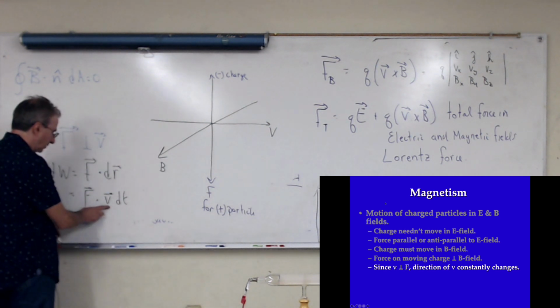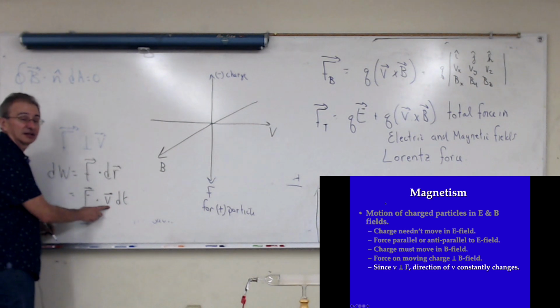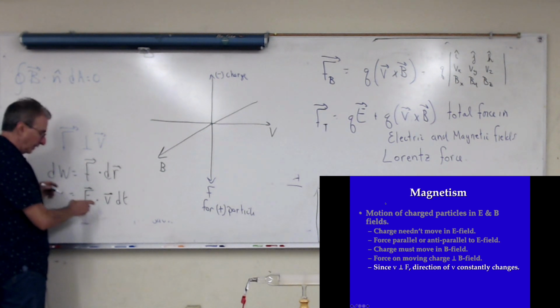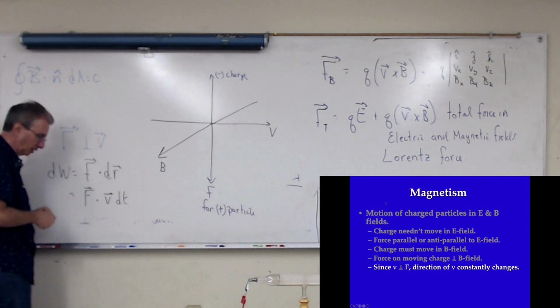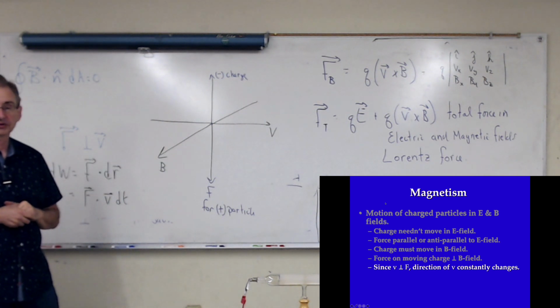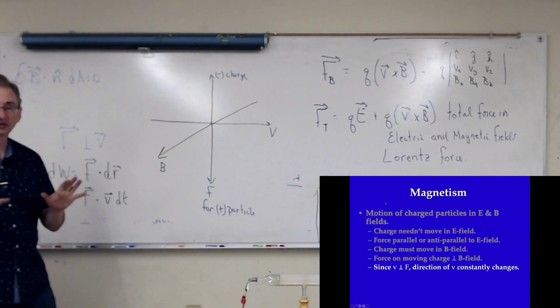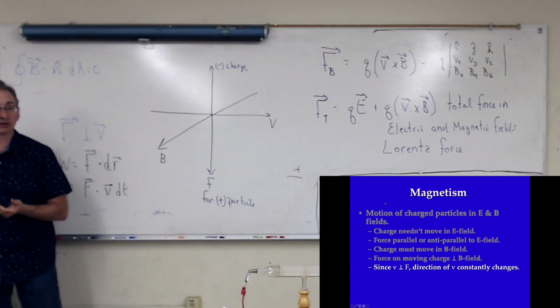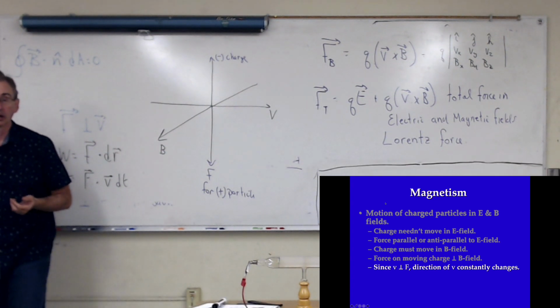If these two are perpendicular to each other, what's this dot product? 0. So the magnetic field does no work on charged particles. All they do is change the direction of the charged particle. They don't change the kinetic energy of the charged particle. Okay?